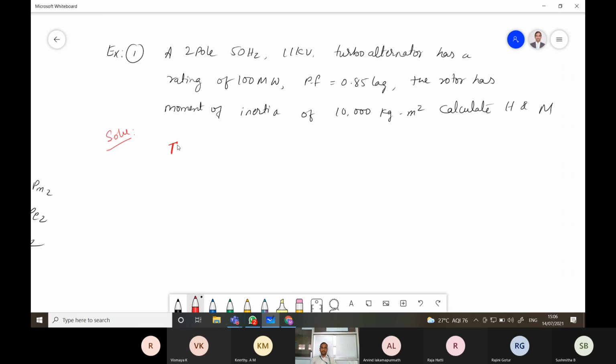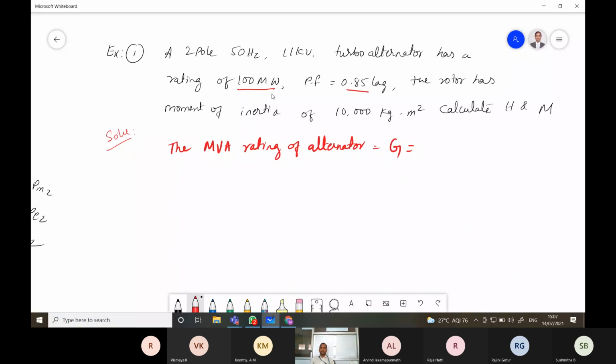The MVA rating of the alternator is represented by G. So the MVA rating of the alternator, that is G, is given as 100 megawatt by 0.85.